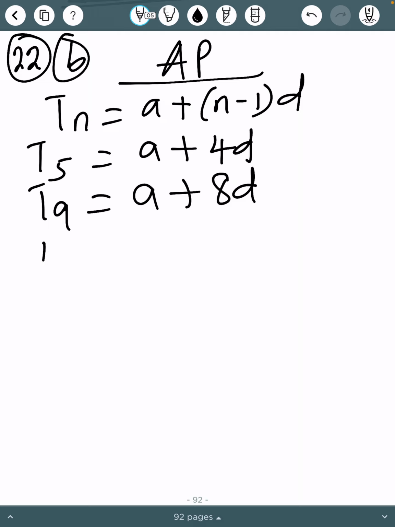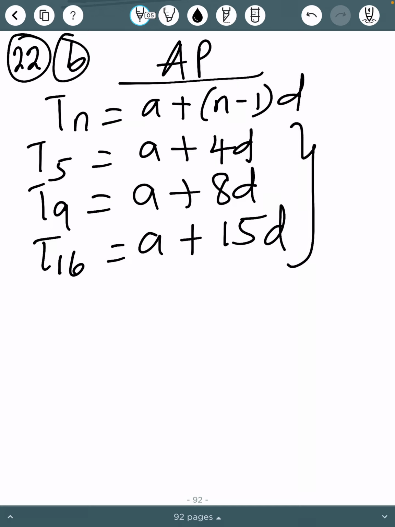And the 16th term of the AP will be a plus 15d. Let me write this well. So that means this is our fifth term, ninth term, and 16th term of the AP. It says that the fifth, ninth, and 16th terms of an AP, a linear sequence, are consecutive terms of a GP.